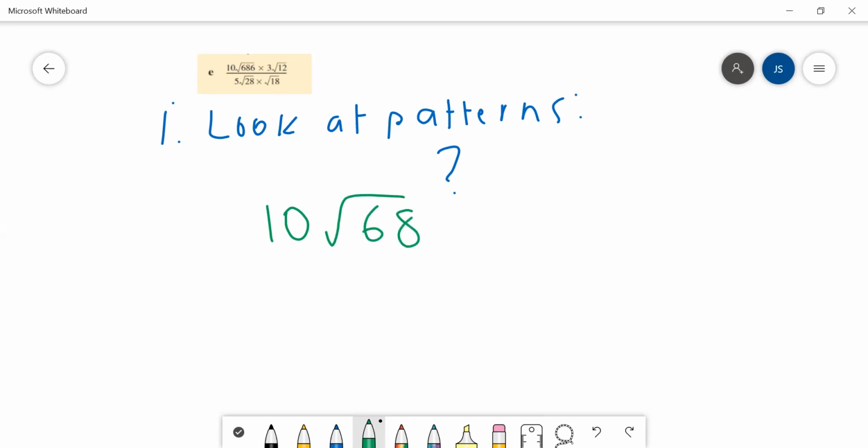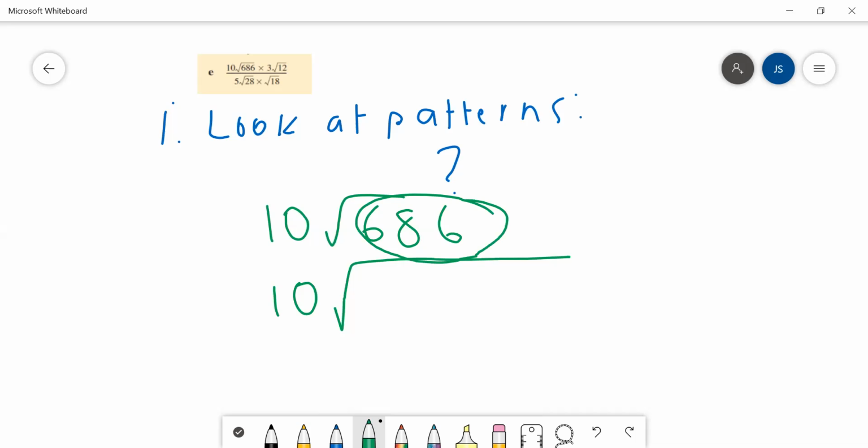Square root of 686. Now, notice I'm not going to work in fractions or anything. I'm just using a surd number as it is and simplifying it. 10 square root of 686. I can't simplify 10 at all, but I can simplify this big number here. The trick is, you use your calculator very well. You type in 686 and you try and divide it by as many square numbers as you can. So I'm going to try 4.